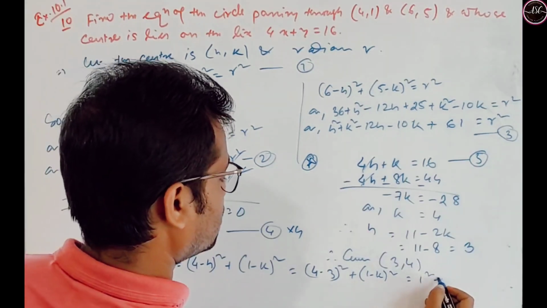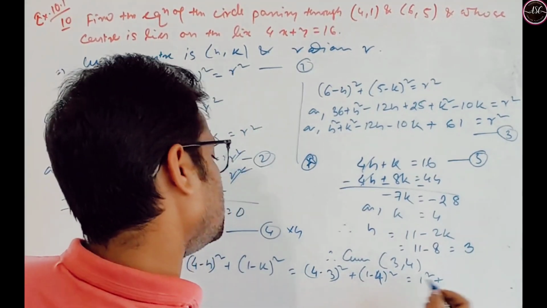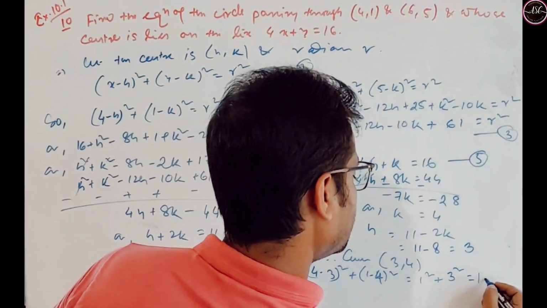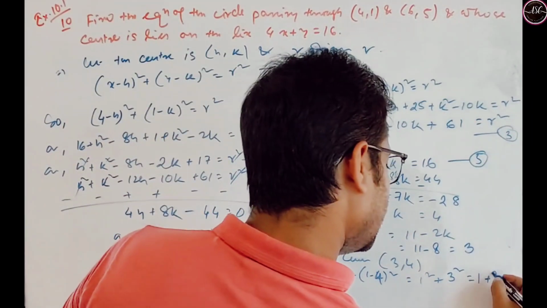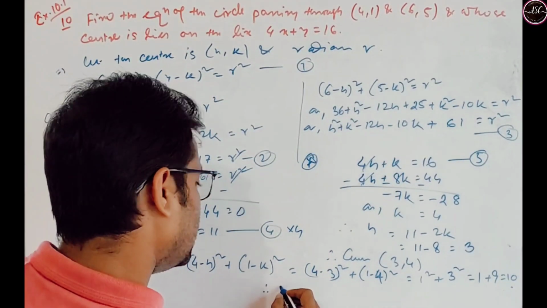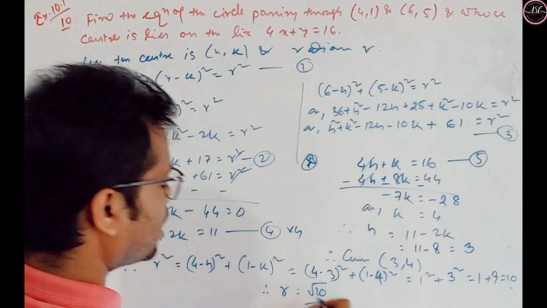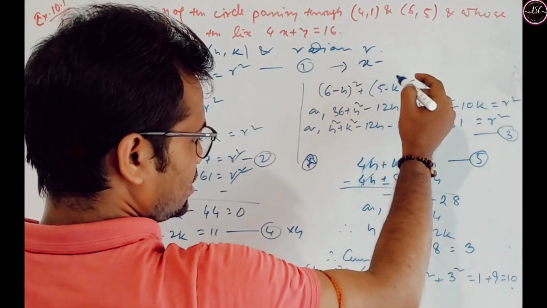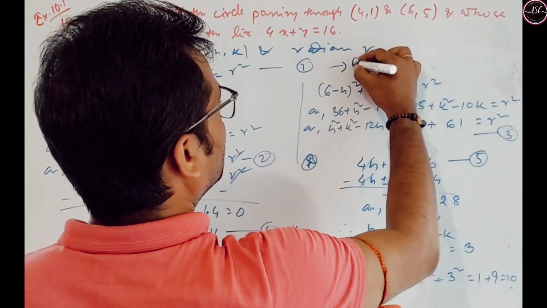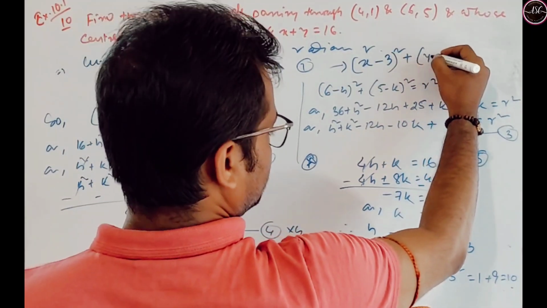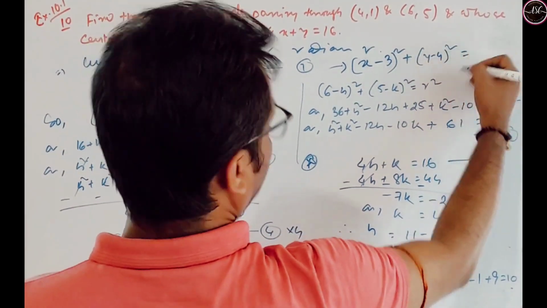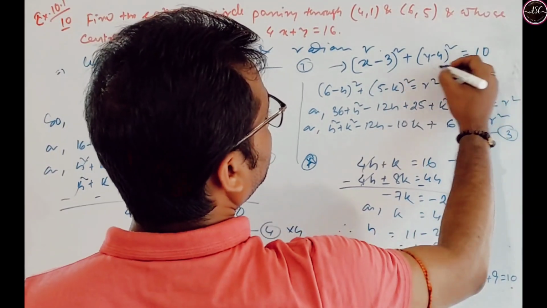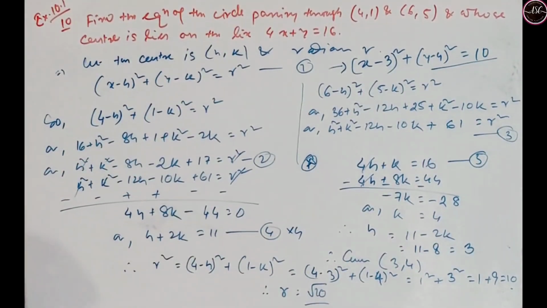So that will be 1² + (-3)², that means 1 + 9, that means 10. Therefore the radius equals root 10. Finally the equation will be (x - 3)² + (y - 4)² = r² = 10. Okay, that will be your equation.